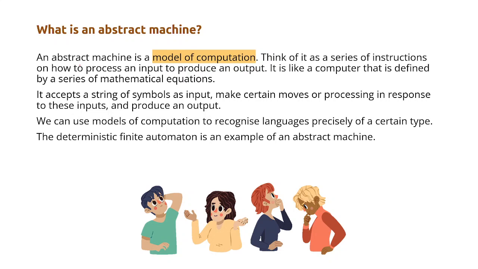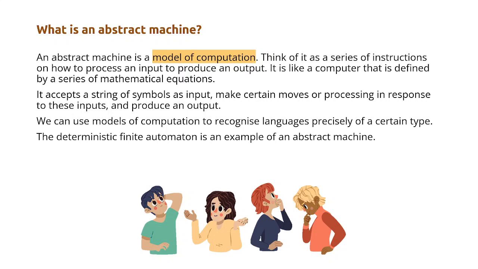Okay? So usually an abstract machine or model of computation accepts a string of symbols as input, like katong sa atong previous nga lesson last week. Remember, himo-himo tag mga language, words, strings. So that is the input, bale katong mga string. And then it makes certain moves or processing in response to these inputs and produces an output.